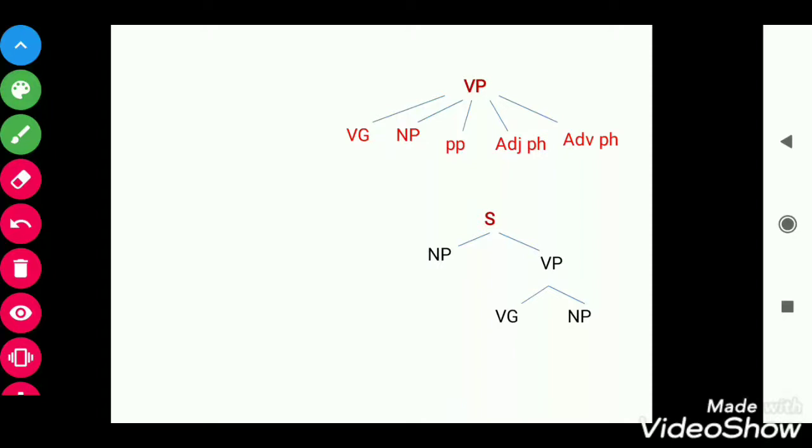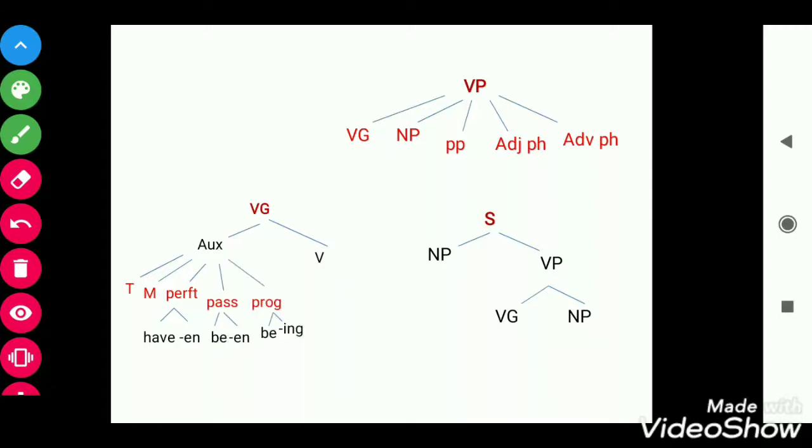Now we already know the structure of NP and VG, still we need to recap it. So from VG we can extract auxiliary and verb, from auxiliary tense, modals, perfect, passive, progressive. From verb we can extract main verb and part.